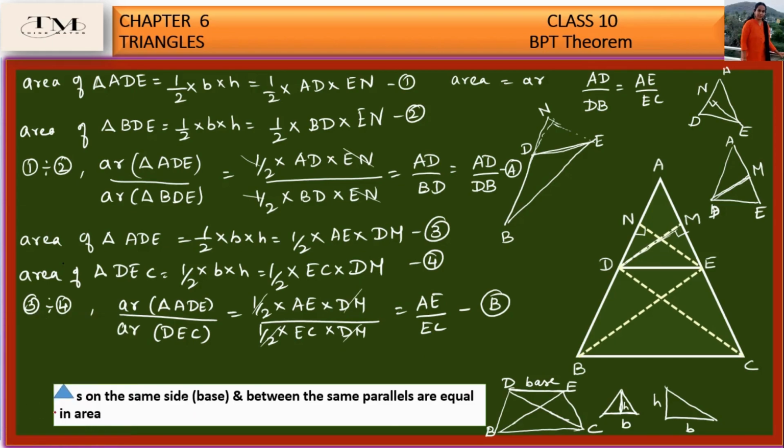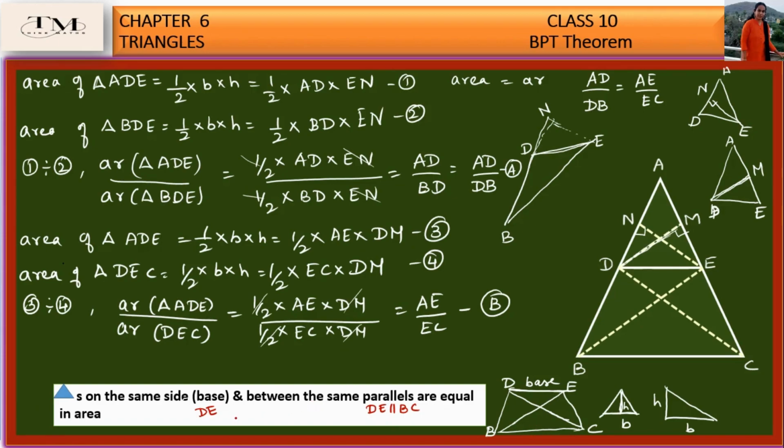So between the same parallels. So who are the parallels? DE and BC. So DE is parallel to BC. So they are between the same parallels and have the same base. Base is DE. BDE, DEC have the same base DE and they are between the same parallels DE and BC.